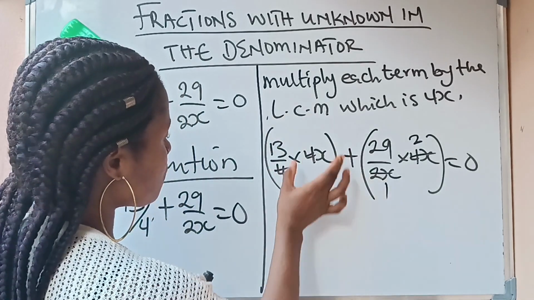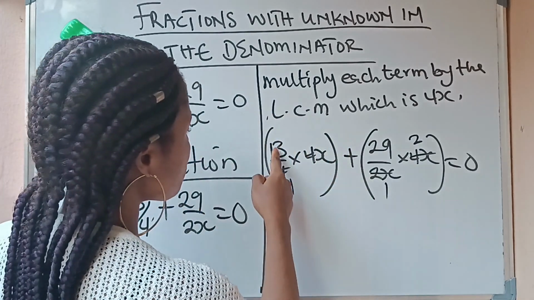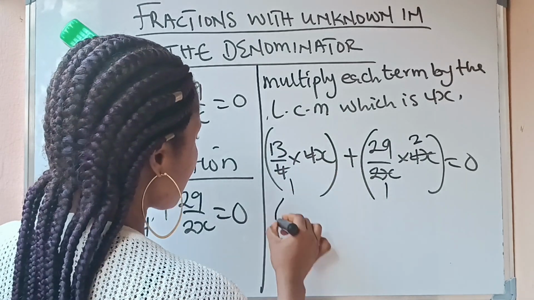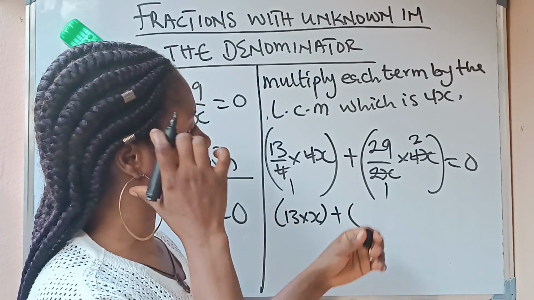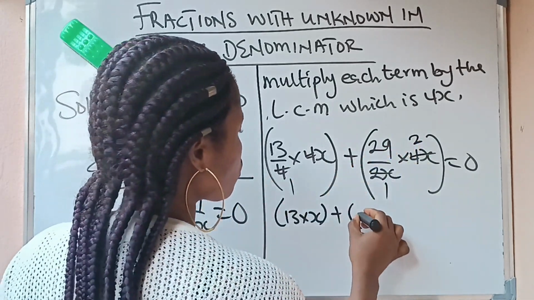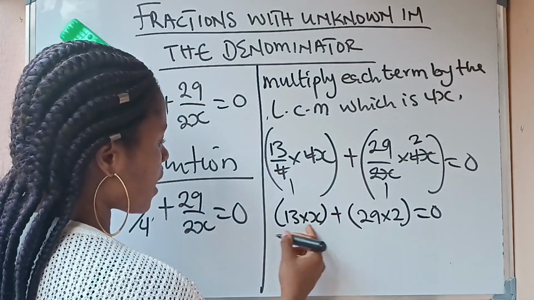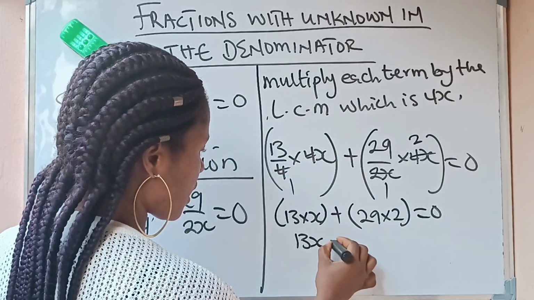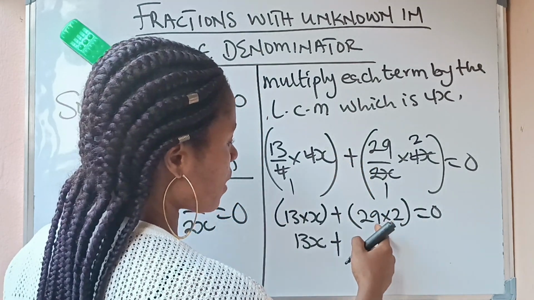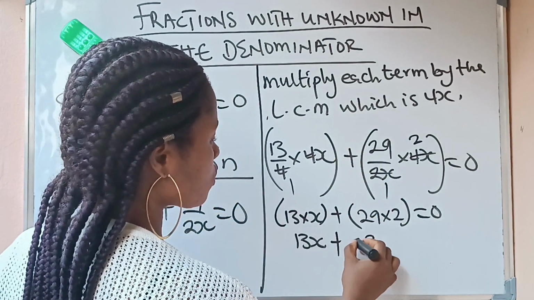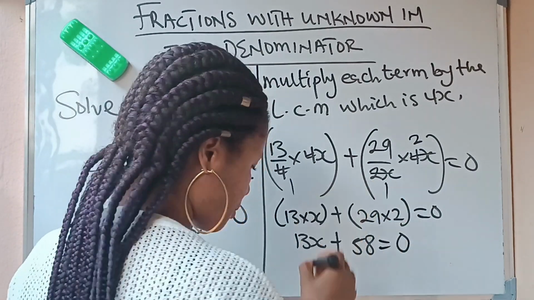So if you look at this bracket, what you have there is just 13 and x, that is 13 times x, plus what you have here is 29 and 2, 29 times 2, is equal to 0. Now 13 times x will give us 13x, plus 29 times 2: 2 times 9 is 18, carry 1, 2 times 2 is 4, plus 1 is 5. It's going to give us 58 is equal to 0.